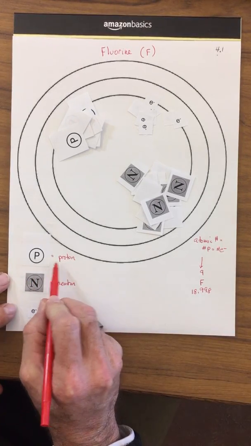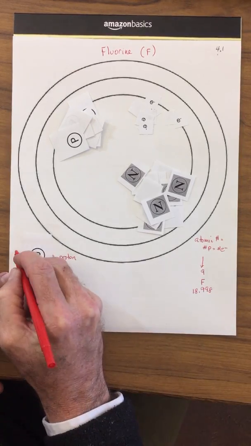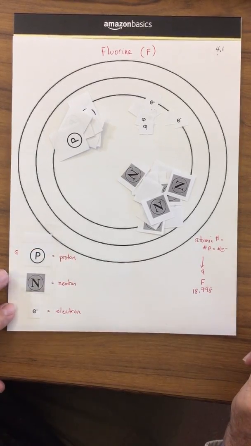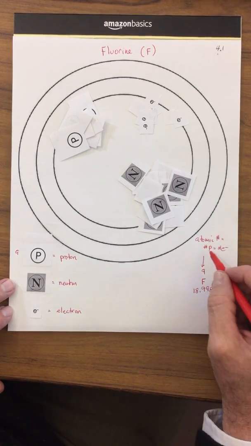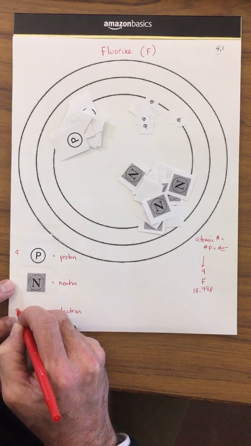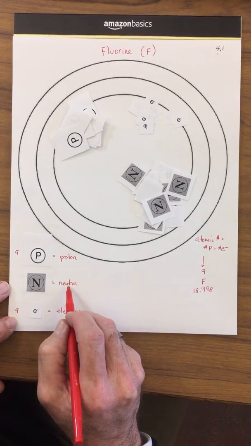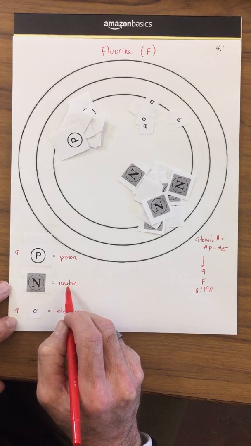So going over here, how many protons am I going to have? It's the atomic number right here. So I'm going to have 9 protons. Atomic number is also equal to the number of the electrons. But it does not tell us the number of neutrons. That is something we need to calculate.